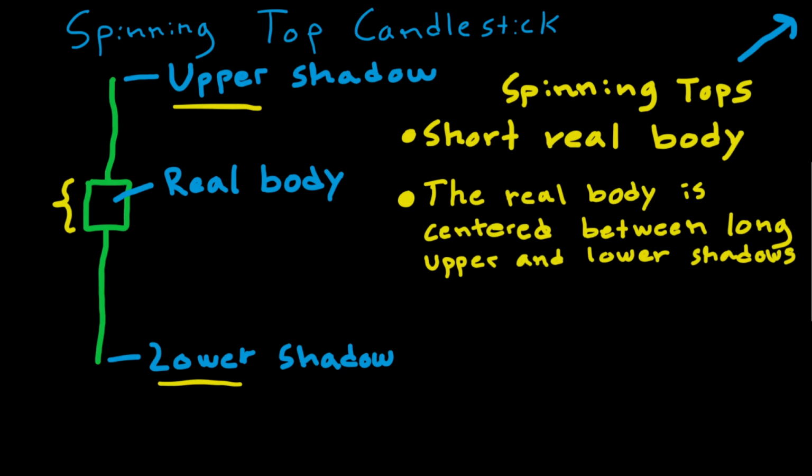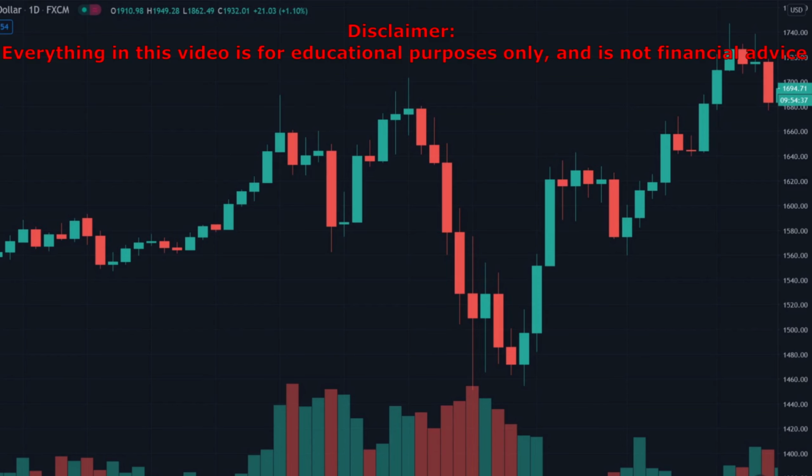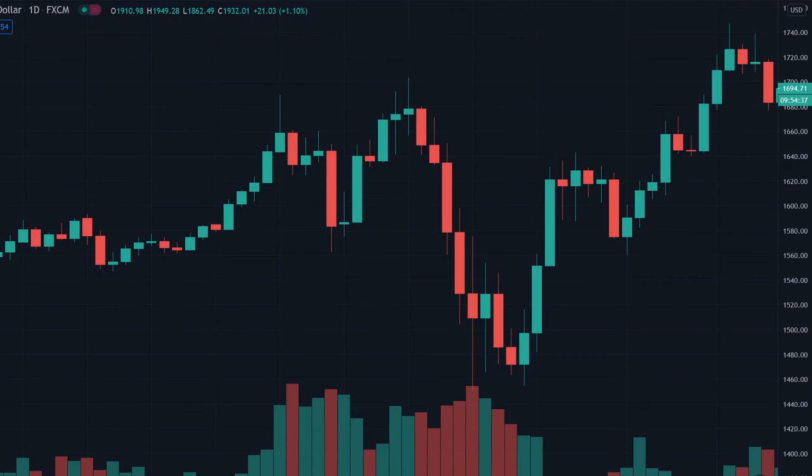All right, so now let's take a look at what spinning top candlesticks actually mean or might indicate. And to do that, we are going to look at an example chart. This is the gold chart in US dollars. What we're going to take a look at is the spinning top we have here, where we actually pretty much have two spinning tops, right there and right there. And what can we see here?